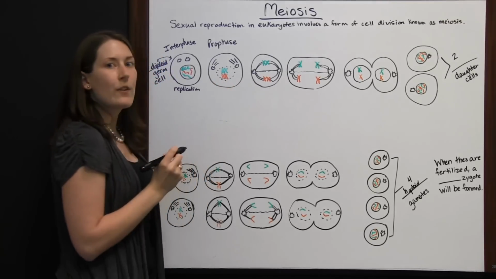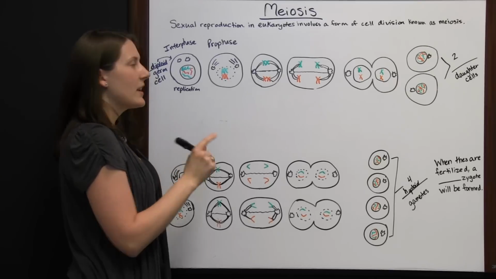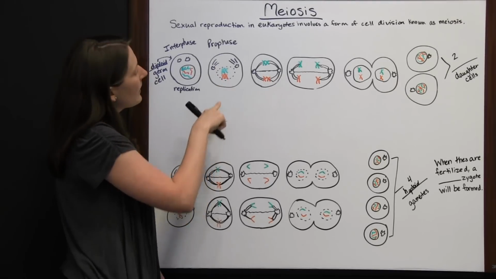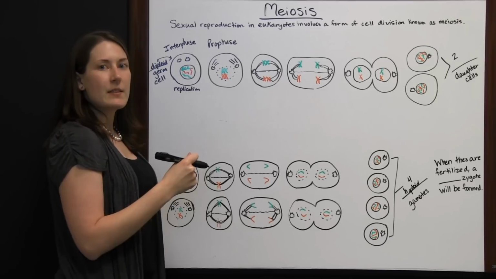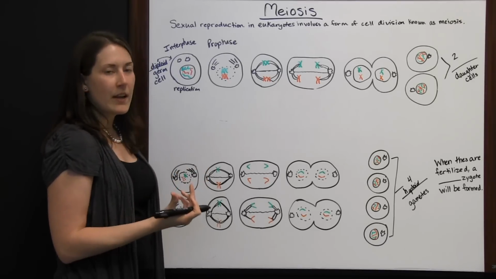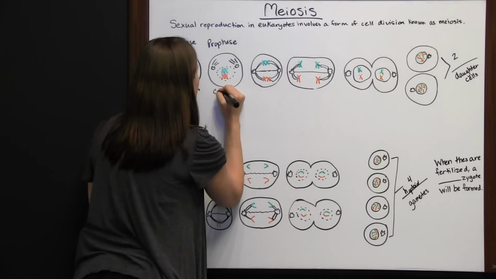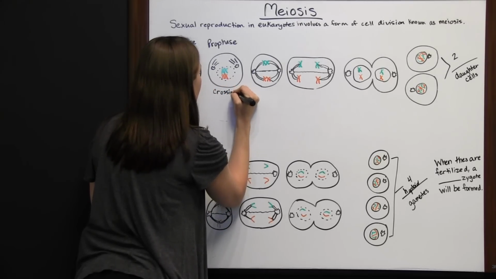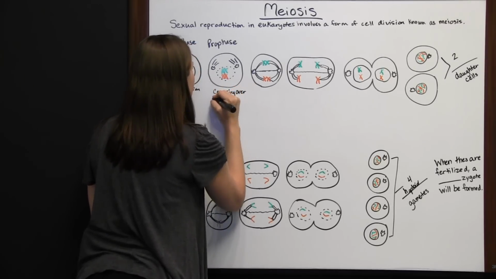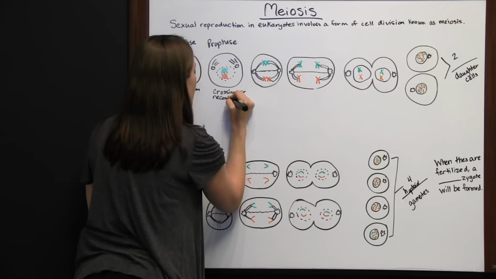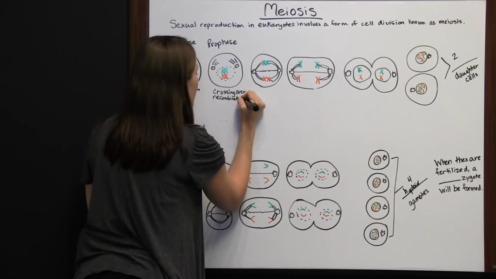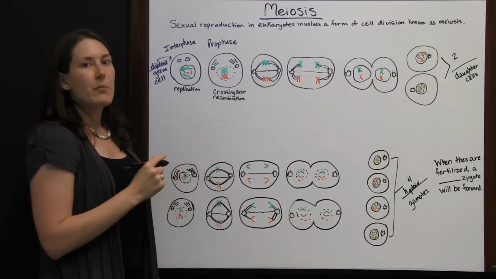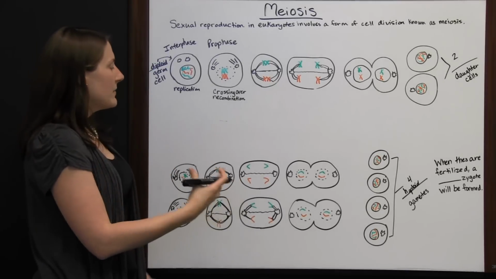And where those cross over, they kind of swap a little bit of genetic material. So each one of these pairs is going to take a little bit of the other pair, and that is called crossing over or recombination. So you're just kind of jumbling up the maternal and paternal bits before the division starts to take place.